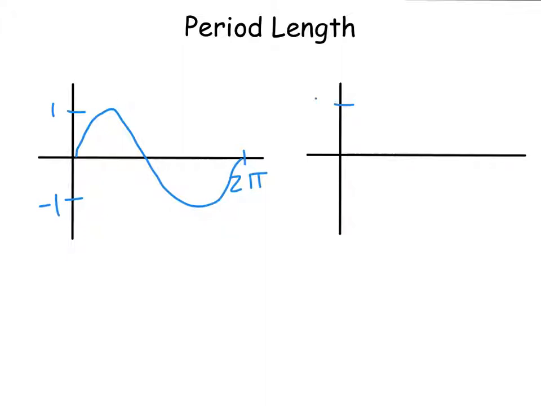Now this next example, right off the bat, we're not going to mess around with the amplitude. I'm going to give you one where you're still going between 1 and -1. That's not going to change. What we want to look at is something like this. If we were to go out to 2 pi, what would we do if we had a sine curve that did something like this?